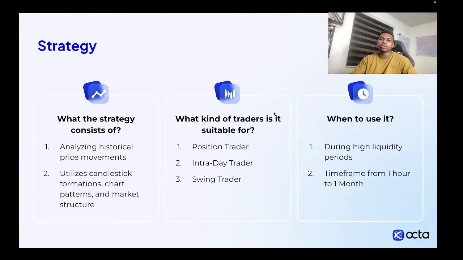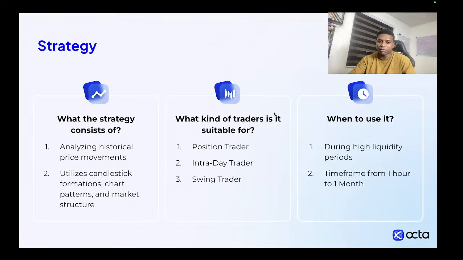Now, our strategy is going to consist of analyzing historical price movement, utilizing candlestick formation, chart patterns, and market structure. Now, what kind of trader is it suitable for?